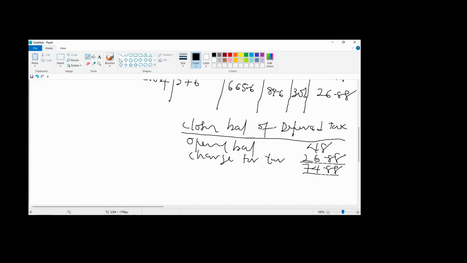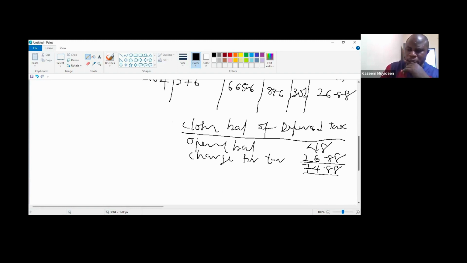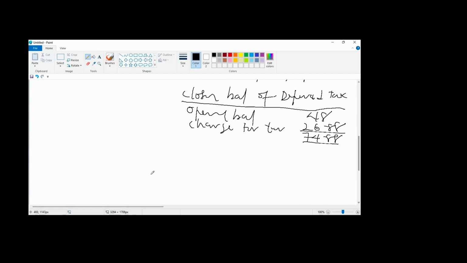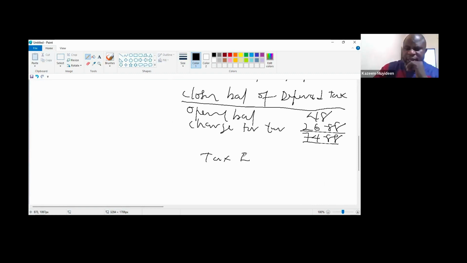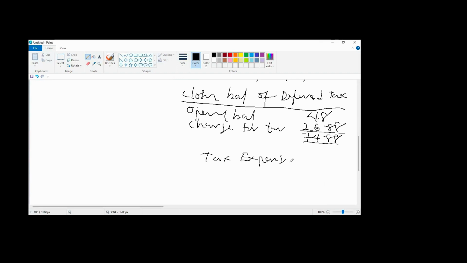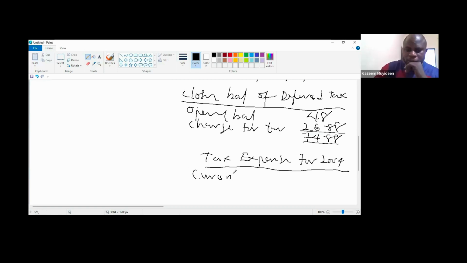I'll go to the tax expense for the year. Current tax, which is the income tax assessment they've given as 150.